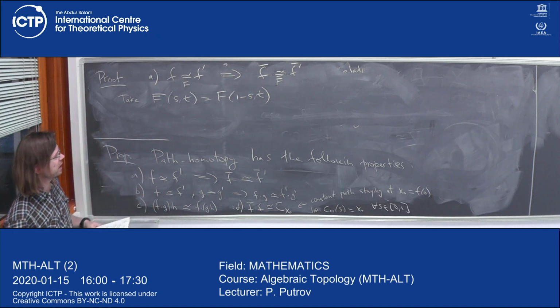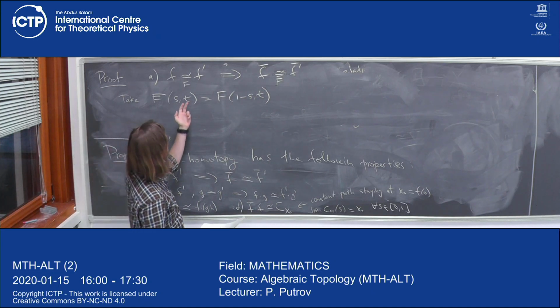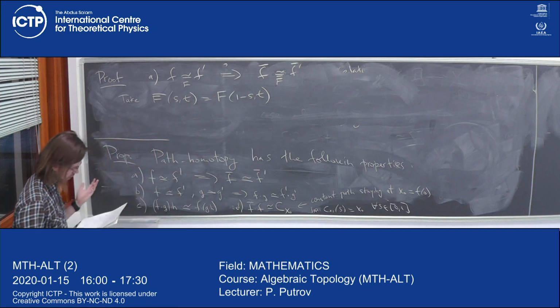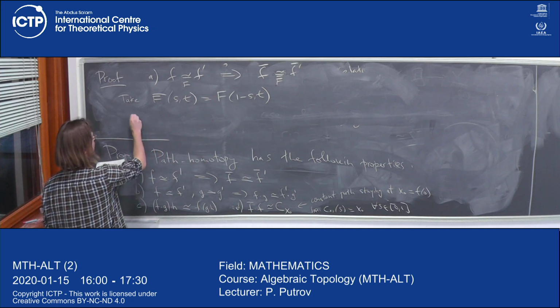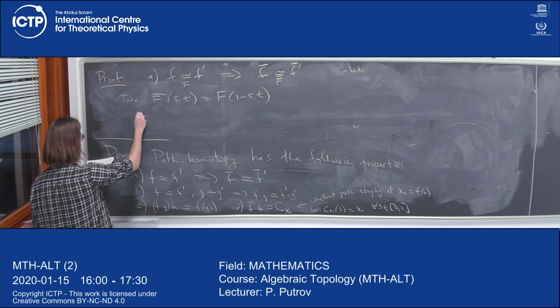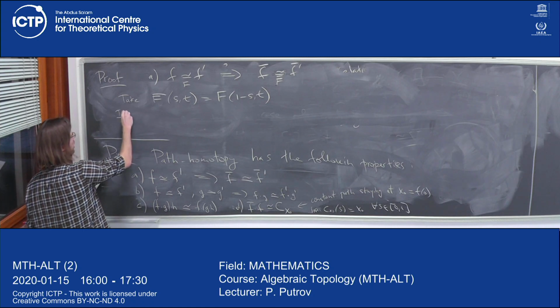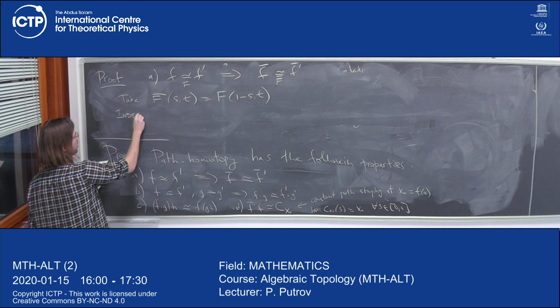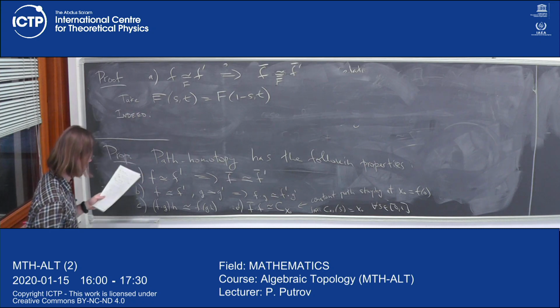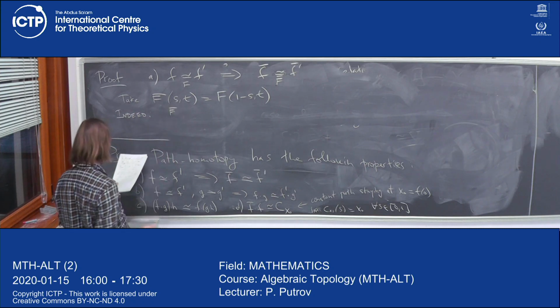So this is a continuous function from a square to my topological space X, and indeed it satisfies all properties required for path homotopy. Let me make it explicit.